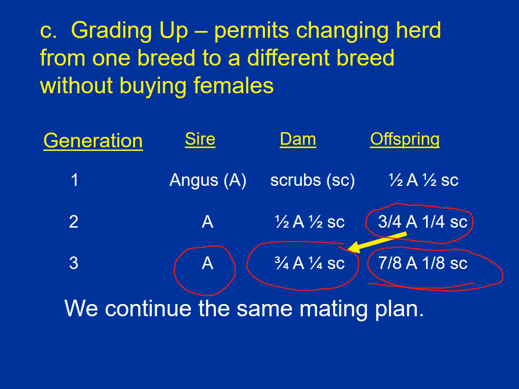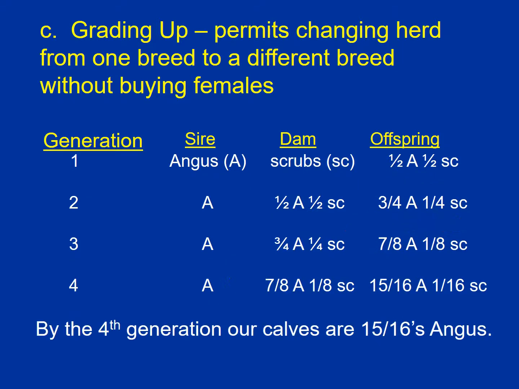So we have pretty much graded up now to the Angus breed. And by the 4th generation then, we're actually at 15/16 Angus, and at that point we should be able to get all the premiums when we sell our calves as certified Angus beef.